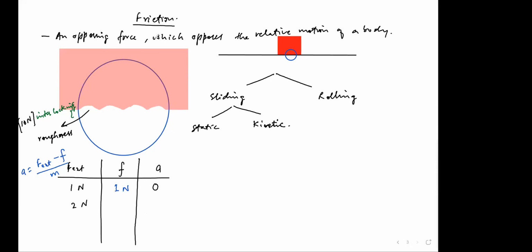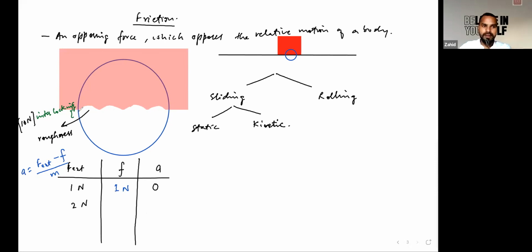Okay. I have just assumed this interlocking between these two surfaces having maximum value of 10 Newton. So if you apply external force of just 1 Newton, there will be no movement in this block on the surface.